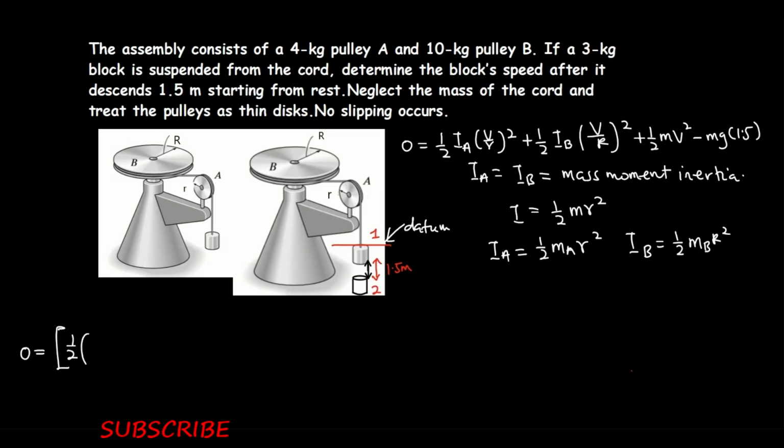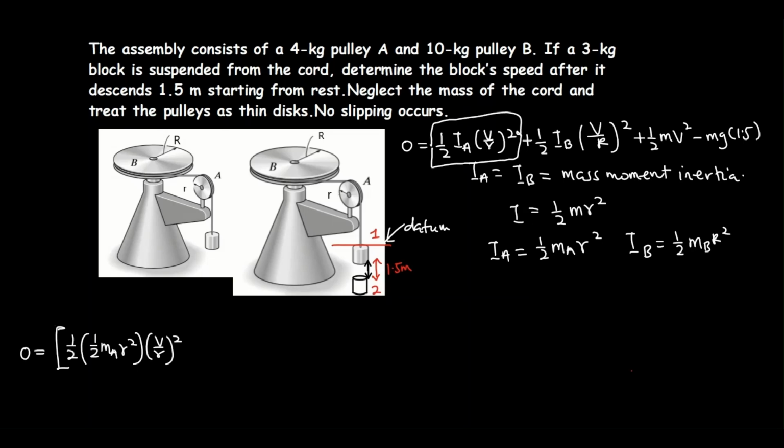So IA is now 1 over 2 MA r squared, times V over R all squared. This is what you are going to have for this expression here.